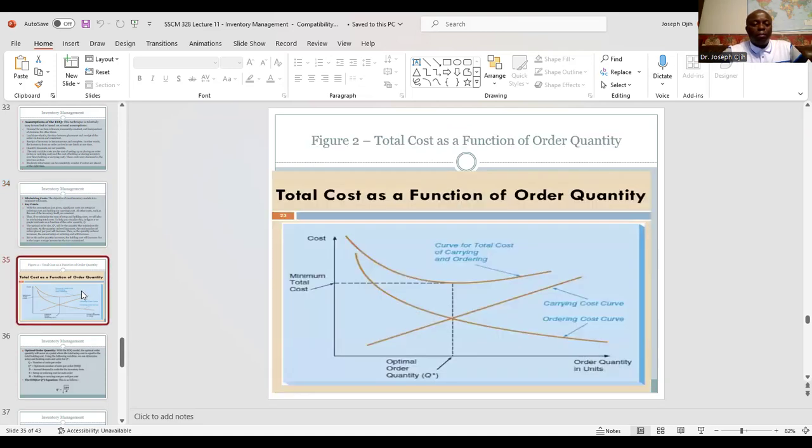You can see here that as the quantity ordered increases, the ordering cost decreases. However, the carrying cost will increase. As the quantity ordered increases, the carrying cost will go up.